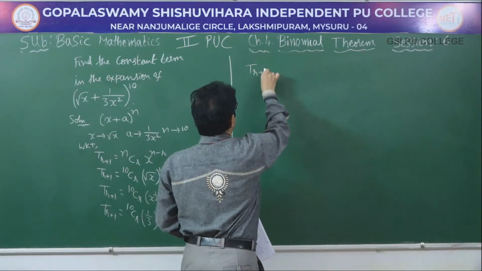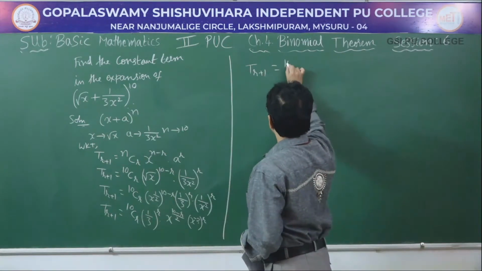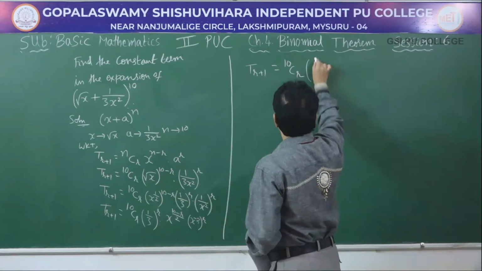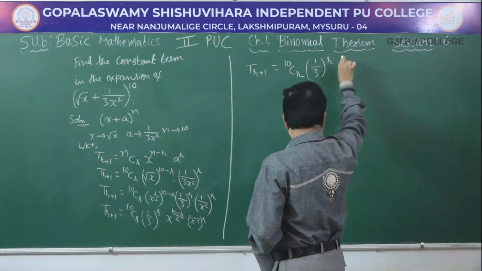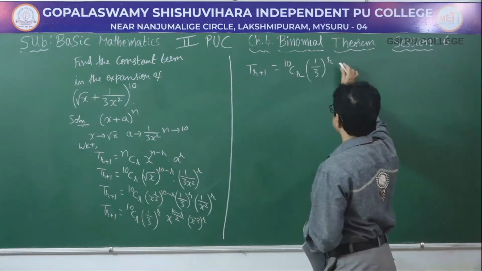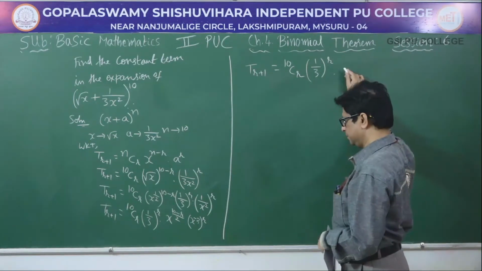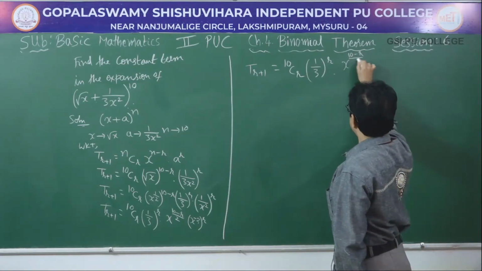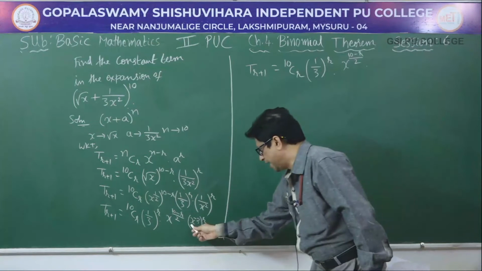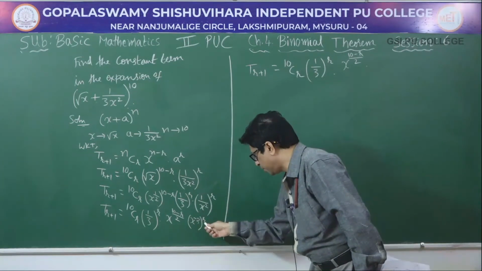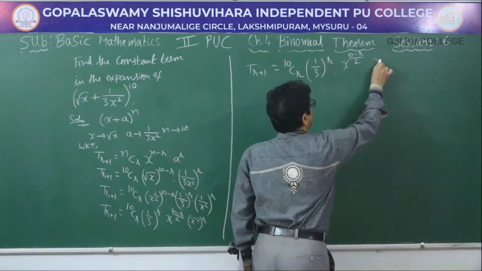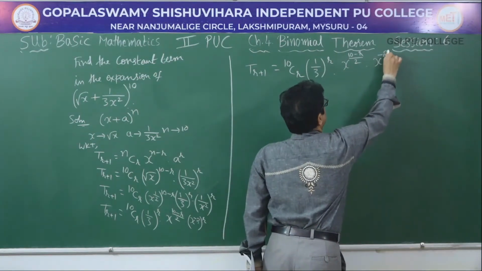So, T(r+1) is 10Cr into 1 by 3 whole power r into x power 10 minus r by 2 into x power minus 2 whole power r, which will be equal to x power minus 2r.